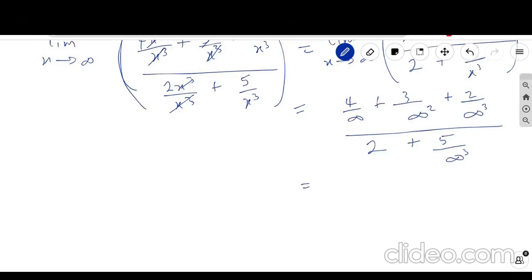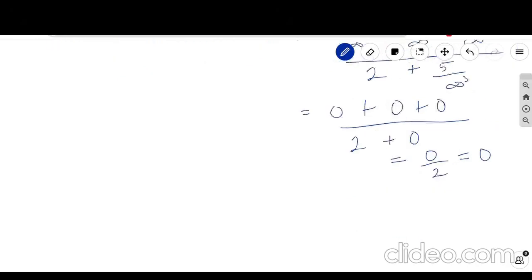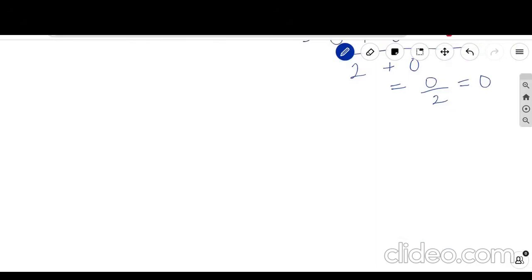Any figure over infinity will always be 0. So 4 over infinity is 0, 3 over infinity squared is 0, 2 over infinity cubed is 0, then over 2 plus 5 over infinity cubed, which is also 0. So we have 0 over 2, which is equal to 0. So that's how to tackle such a question.